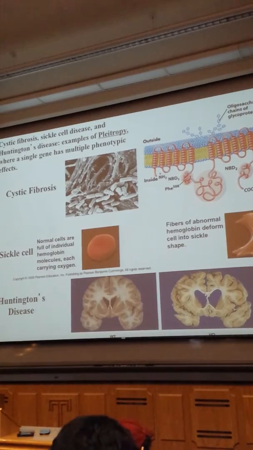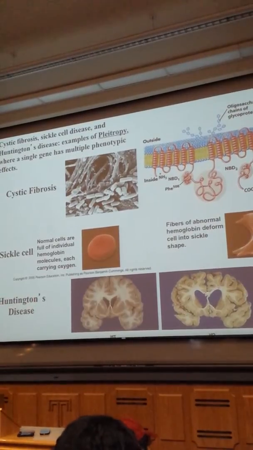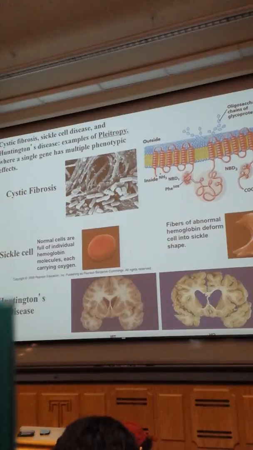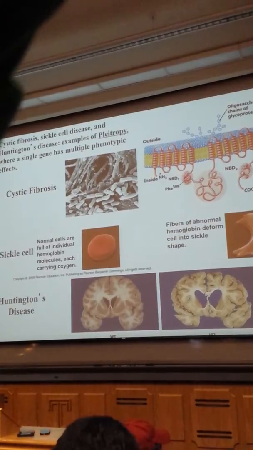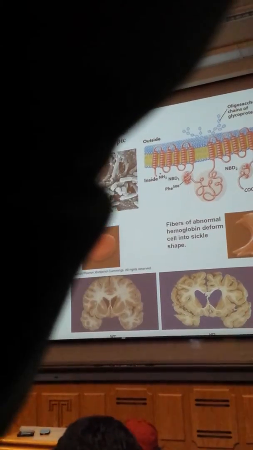The reason for this is that the mutant huntingtin protein will bind to the normal huntingtin protein and cause aggregations of these proteins to form in the cells of the brain and kill the brain cells.